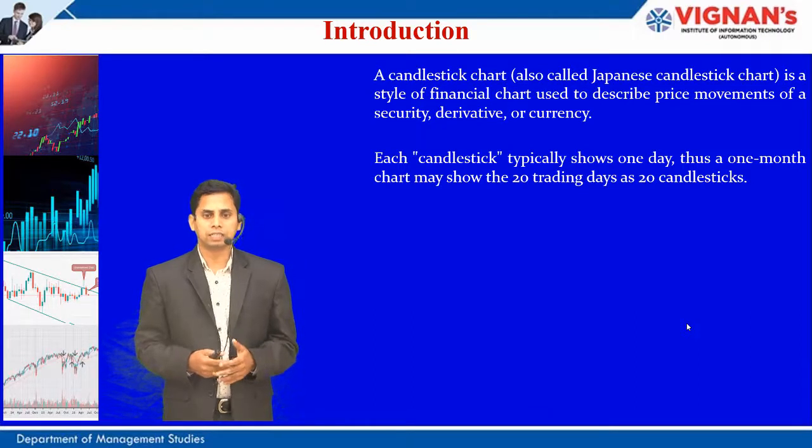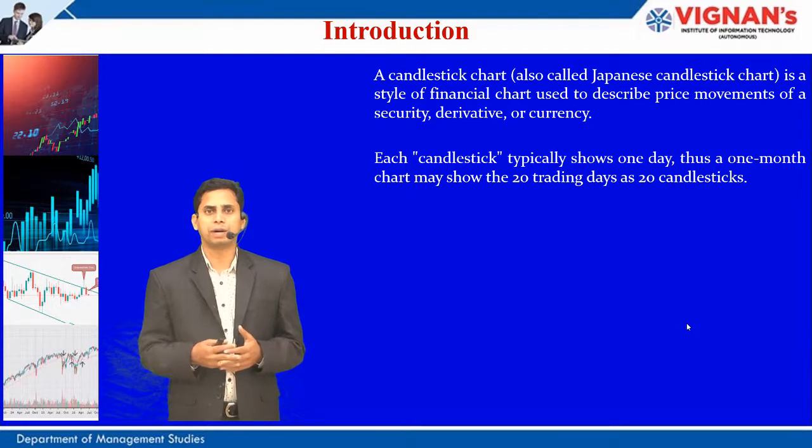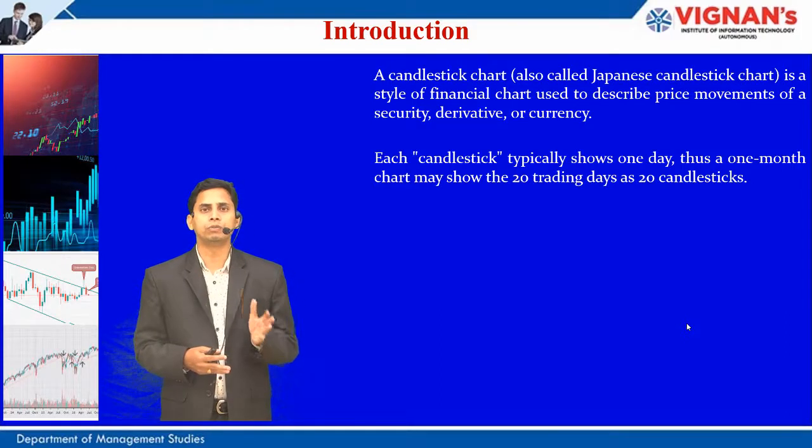Each candlestick typically shows 1 day, and thus a 1 month chart may show near about 20 working days. If the chart is a daily candlestick chart, then in one month you will get roughly 20 to 21 working days, which means you will see 20 to 21 candlesticks in one particular month on a daily chart.